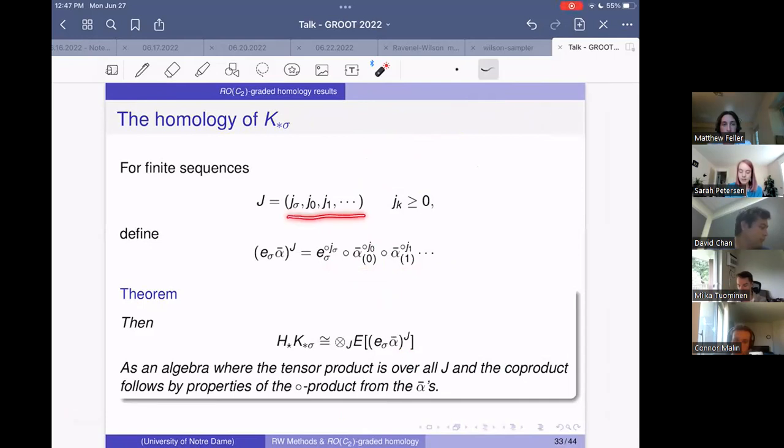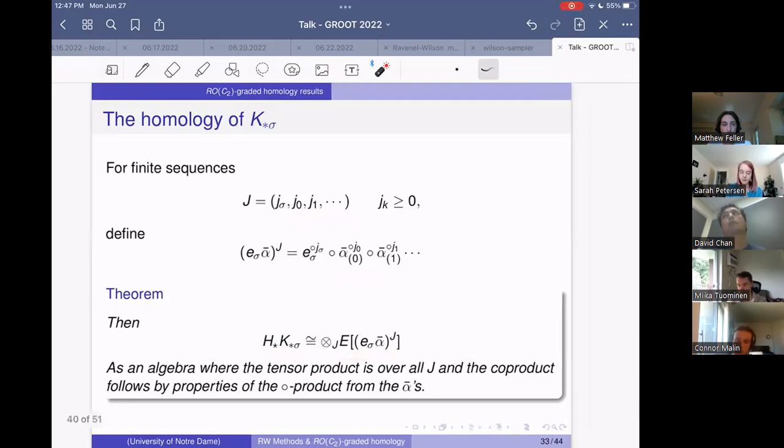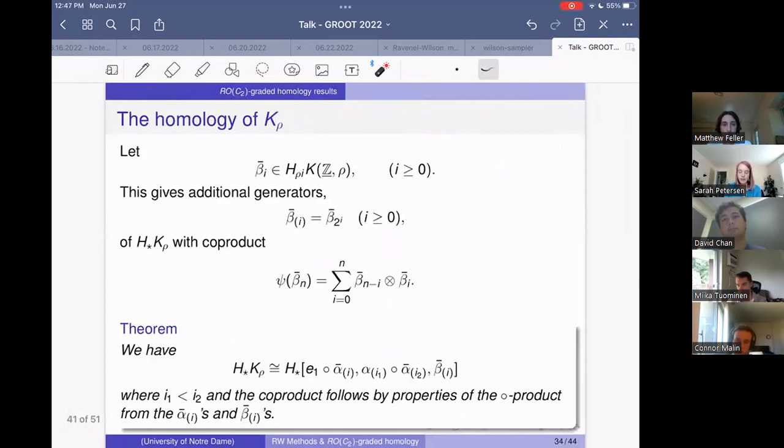So we can take finite sequences of these circle products, and it turns out to be the case that the homology of all these spaces, K sigma, is exterior on these generators. And we can also compute the homology of K rho in a similar sort of way. So we need some additional named generators coming from KZ rho. So these get the name beta bar parentheses i in analogy to the beta i's in the non-equivariant setting.